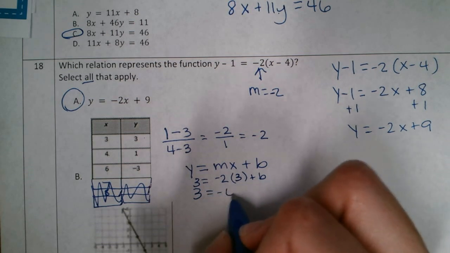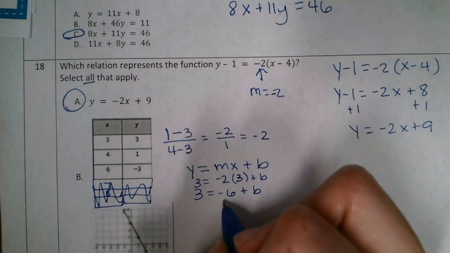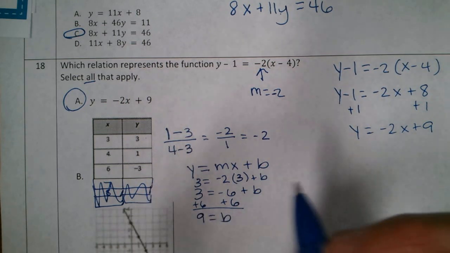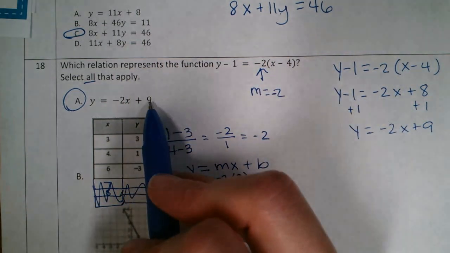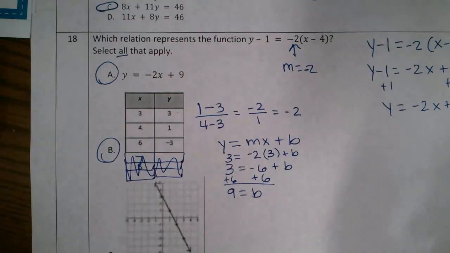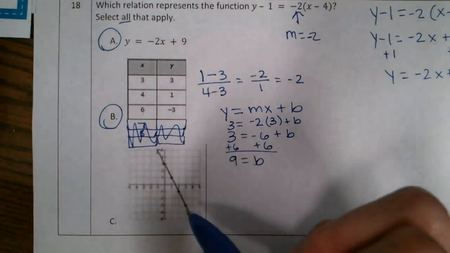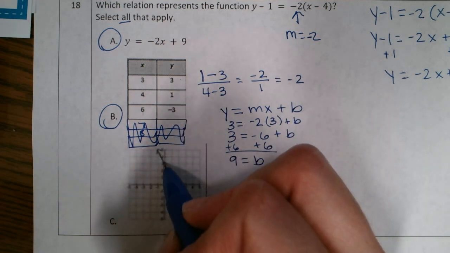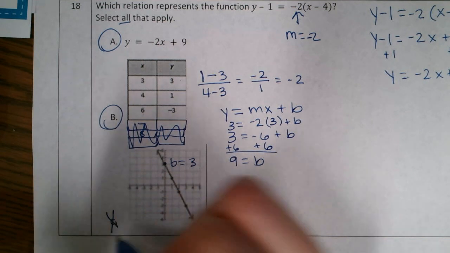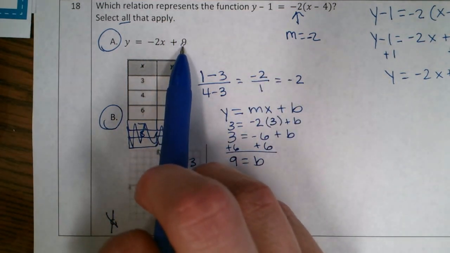So 3 is equal to negative 6 plus b. I'd have to add 6 to both sides, and I get 9 is equal to b. So 9 is equal to b matches, so this one's going to work too. From this graph, if I look at my graph, this has a b of 3, so I know this one is wrong, because my b is supposed to be 9.